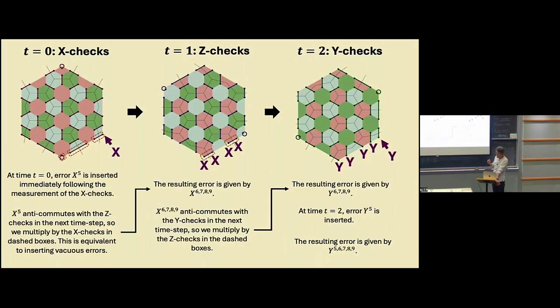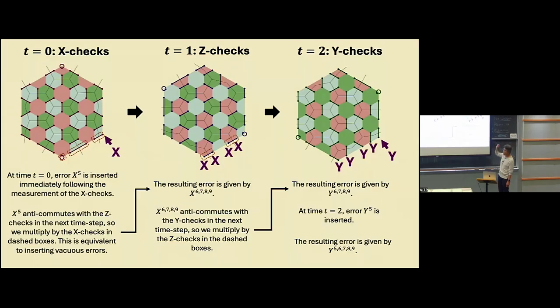If you do it, then it becomes commuting with the ZZ checks. And you again decorate at that moment using another round of vacuous errors to insert the ZZ checks and change the XX into YYs. And that representation commutes with the next round of measurement. So you end up with the weight 4 Y fully supported on the time slice of coordinate 2.